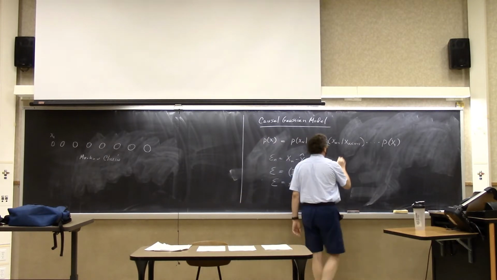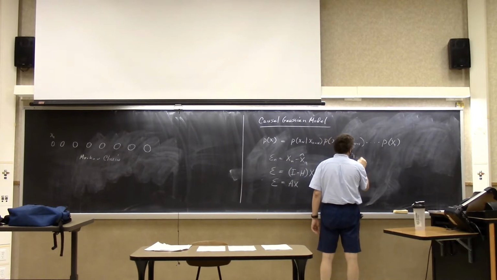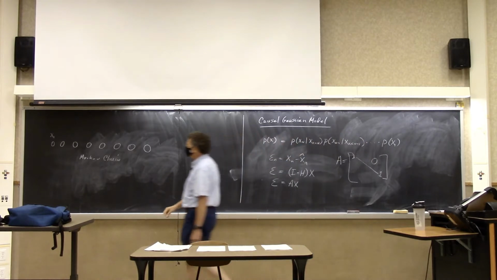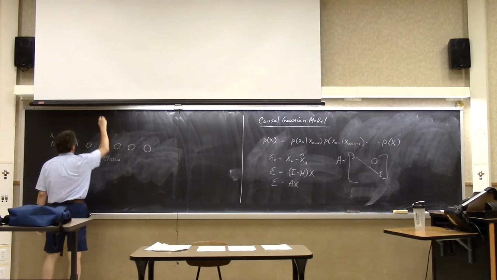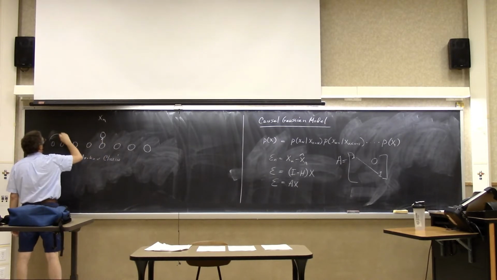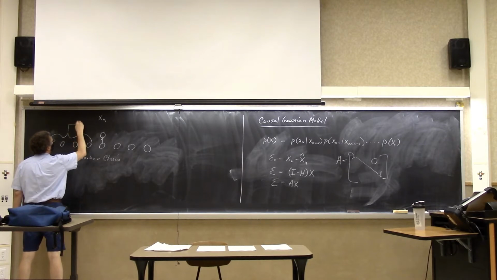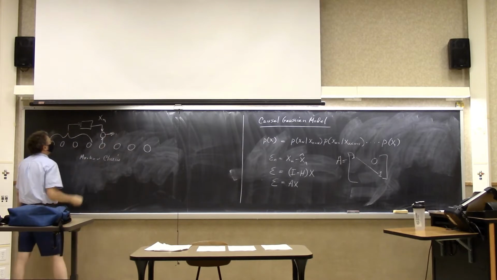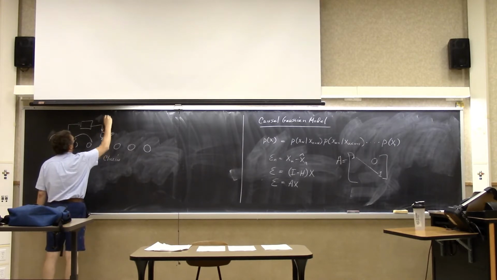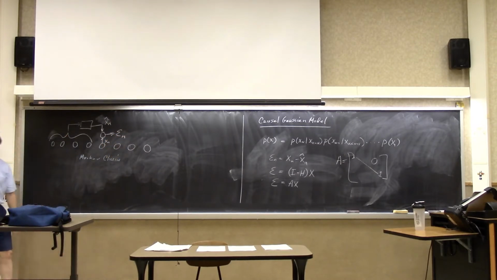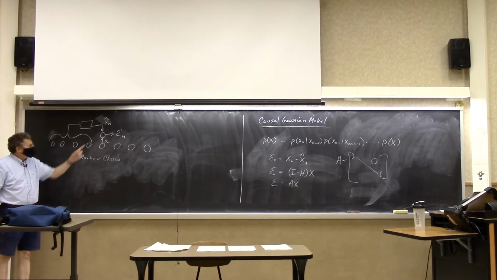And A here looks like it has 1s on the diagonal because the 1s represent the fact that you're just using your current value. This is xn, this is x hat n, and this is epsilon n, okay? All right? So that's the prediction error.